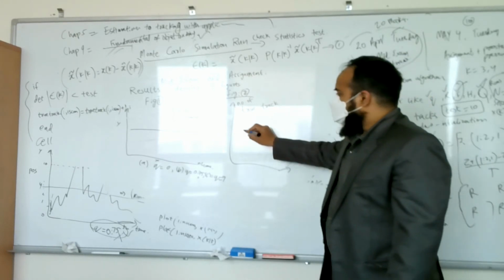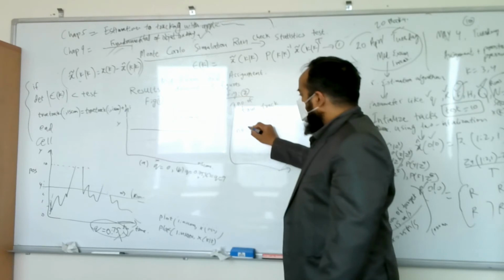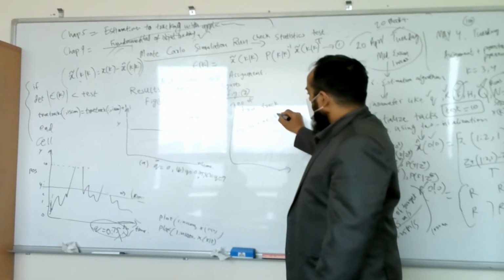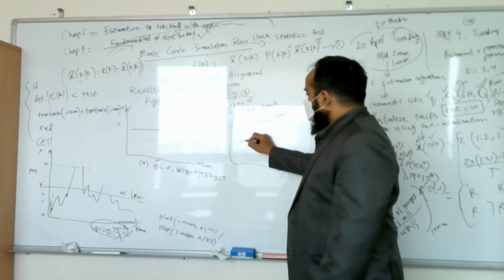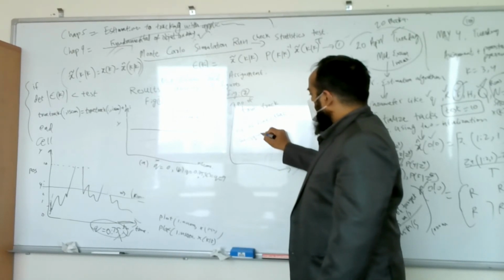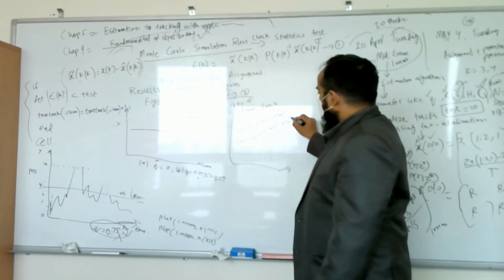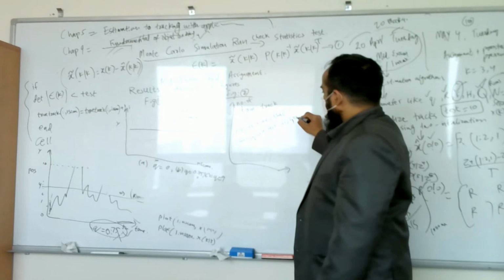Number of times that the chi-square test is satisfied.